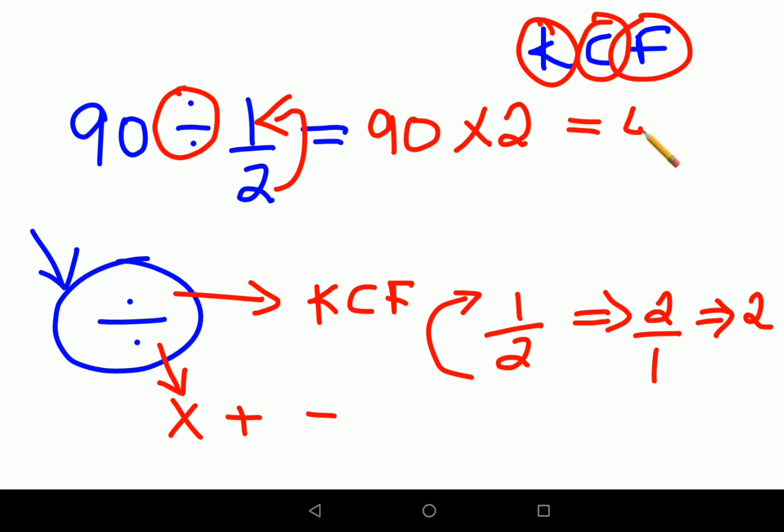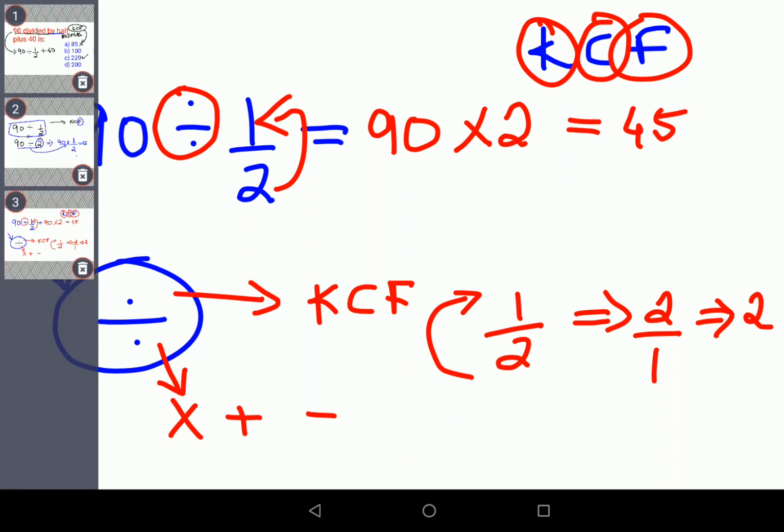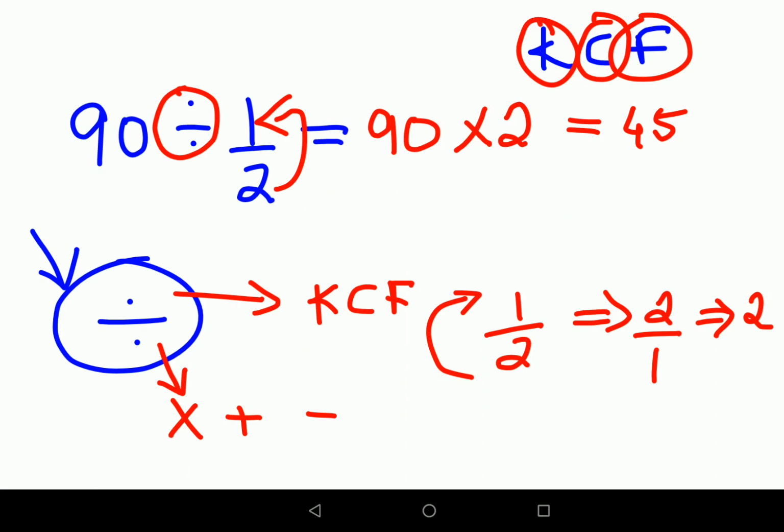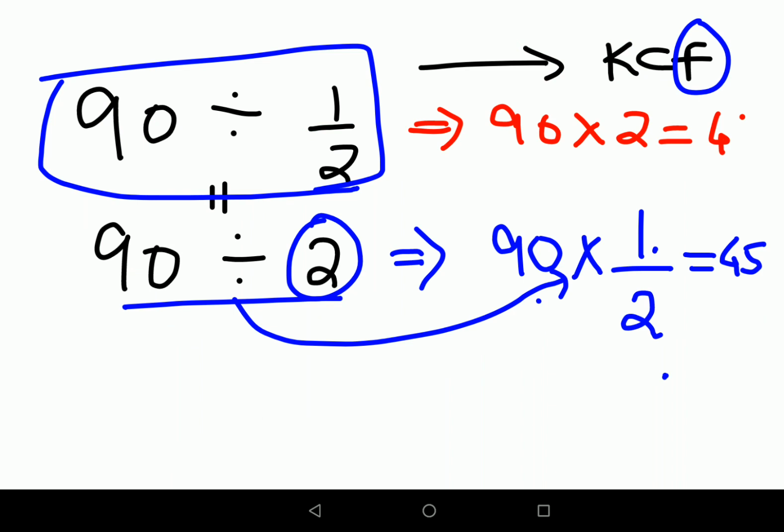So going back to this slide, like I said, you will do 90 into 2, so that gets you... sorry, my bad, that's not right. That doesn't get you 45, that gets you 180. So please understand, here the answer will now come out to be 180.